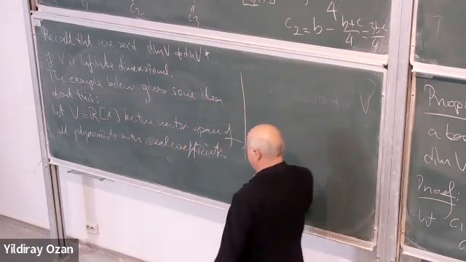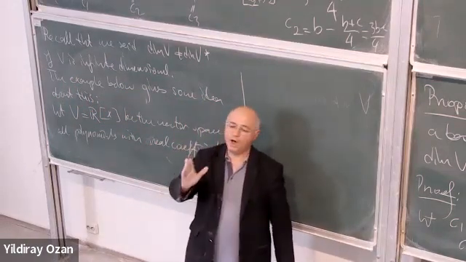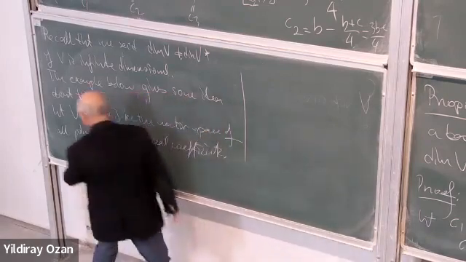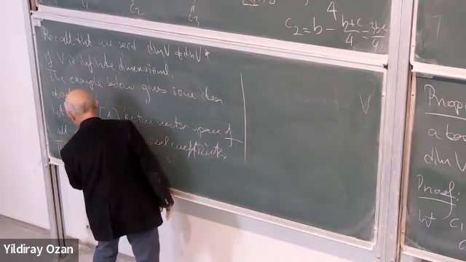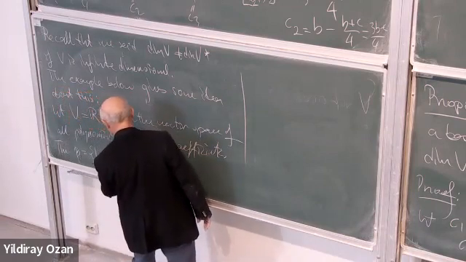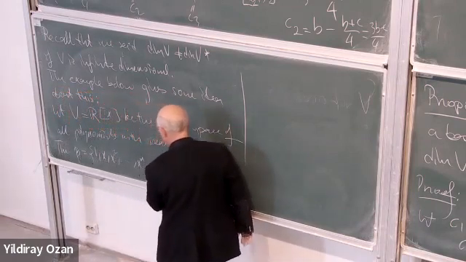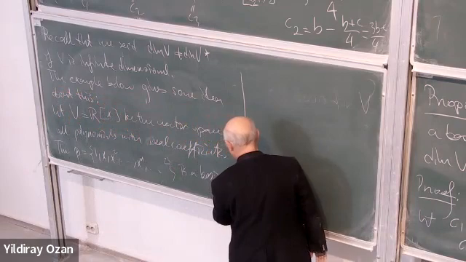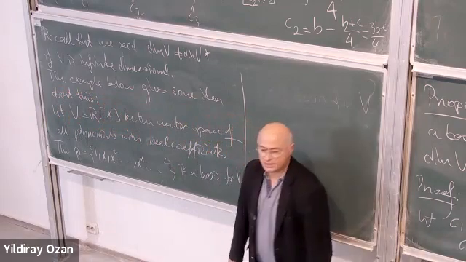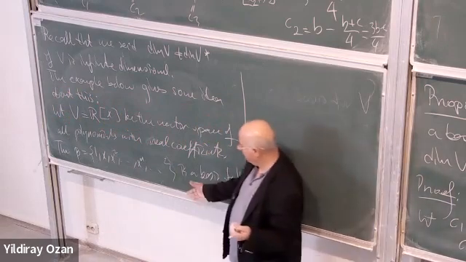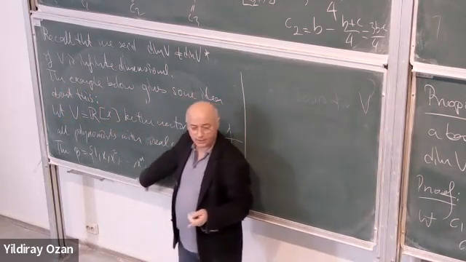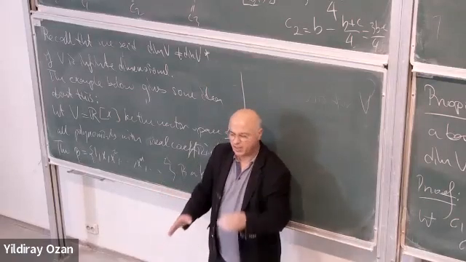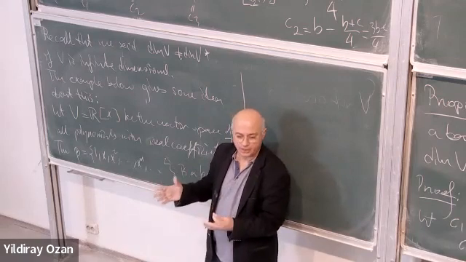Then you know that 1, x, x squared, x cubed, and so on is a basis, right? Why is it a basis? Well, any polynomial can be written as a linear combination of these elements, and they are linearly independent. They are linearly independent by the definition.